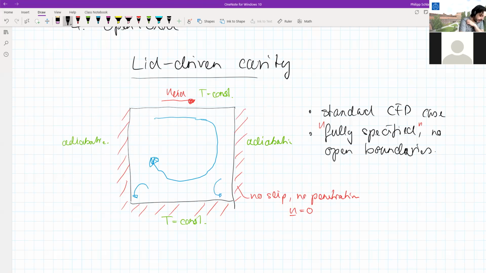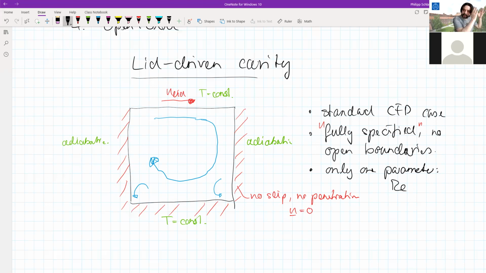Now, the cool thing here is that, in addition to this being a standard case and fully specified, it turns out that there's only one non-dimensional parameter that will govern how the flow looks in this case. We will see in a second exactly how we derive that, but it's only one parameter, and that is the Reynolds number. So by changing the Reynolds number from a low value to a high value, we can go through very different regimes.